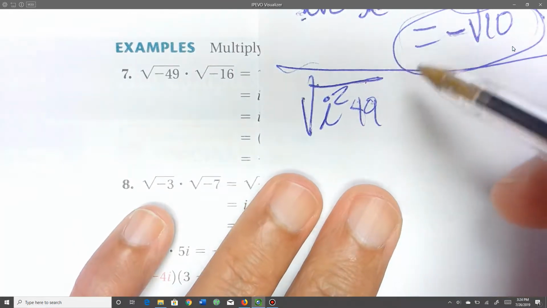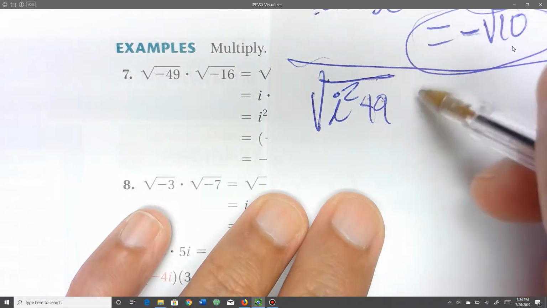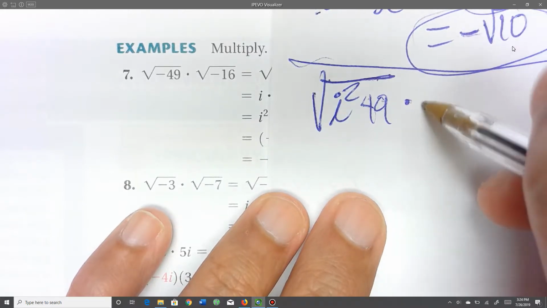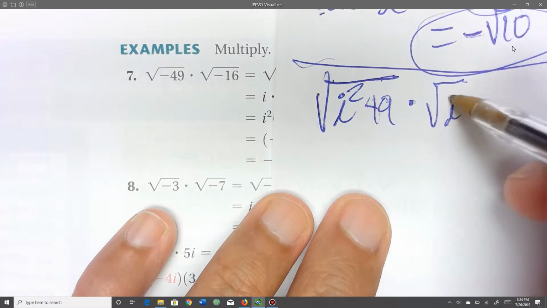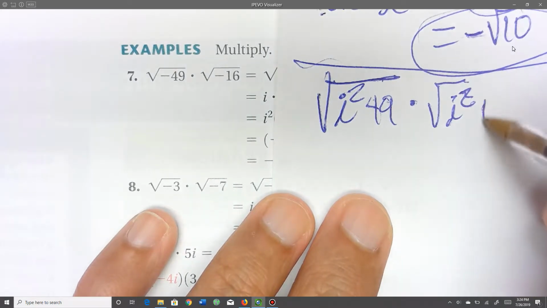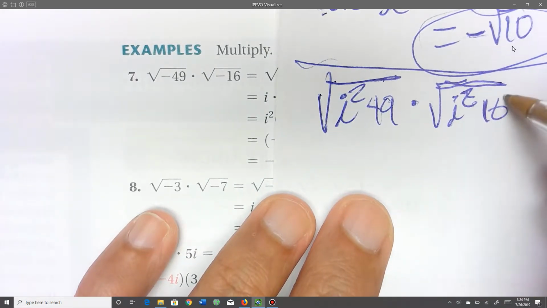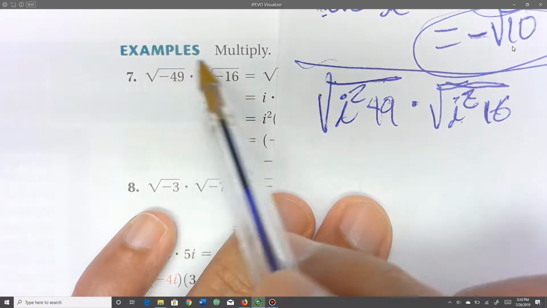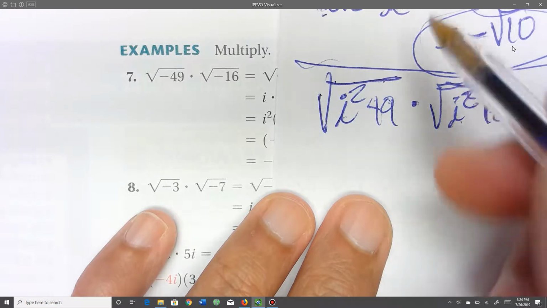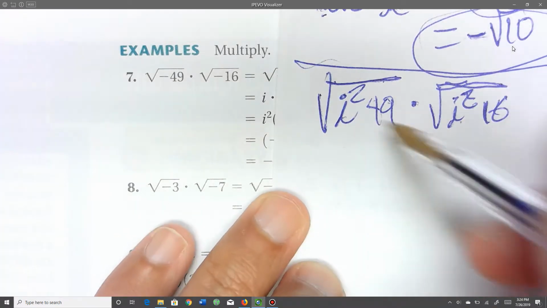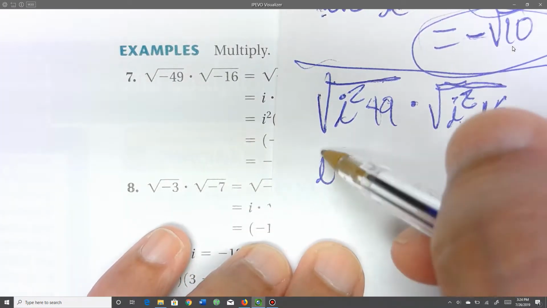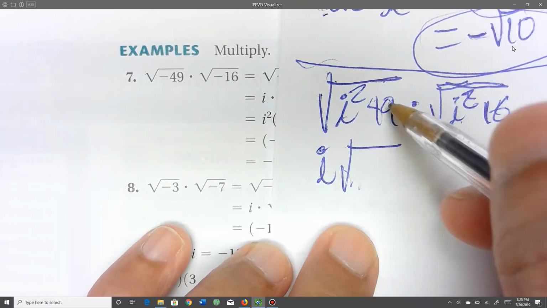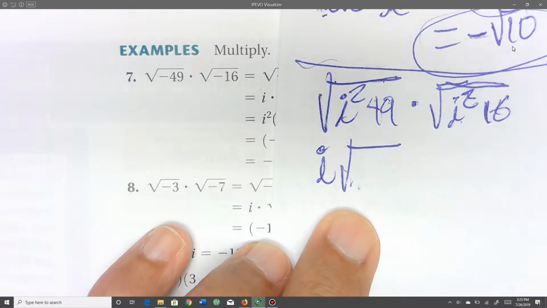I know that's a perfect square, but I'm just going to leave it there for now. Times i squared 16. And I do this step just to show you that this i squared gets rid of the negative signs inside the radicals. Now i squared moves outside, right? It's right in there.